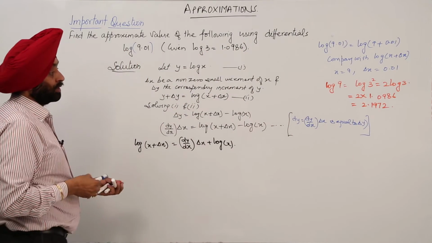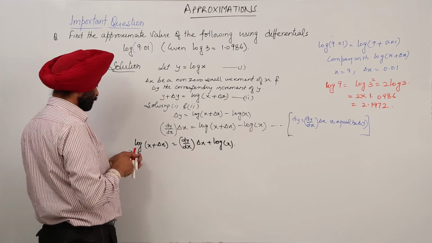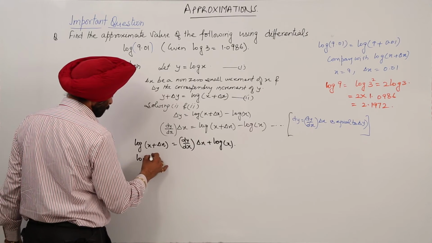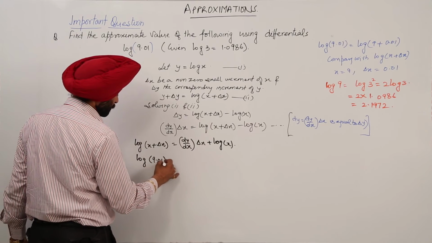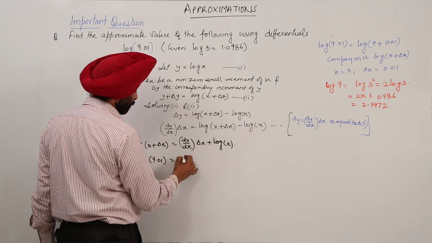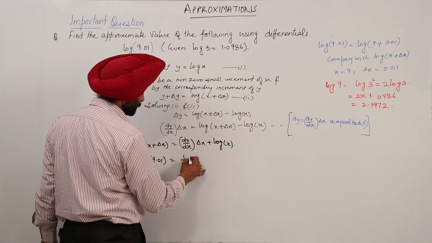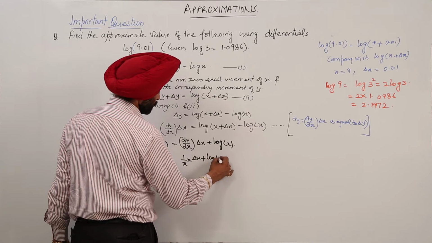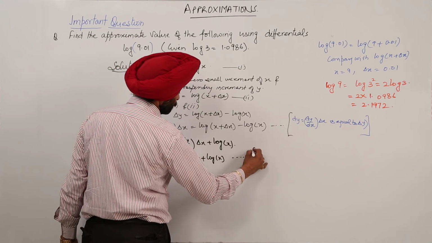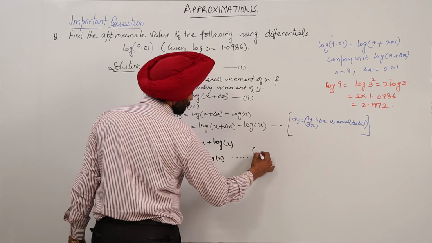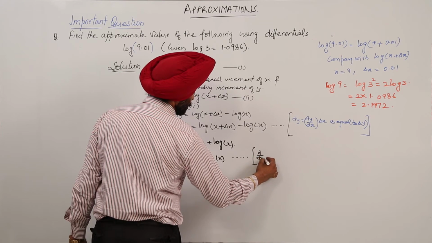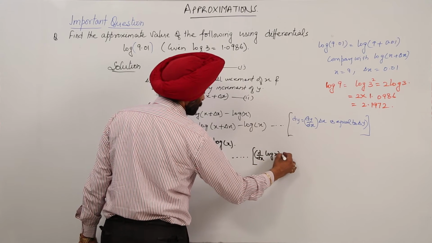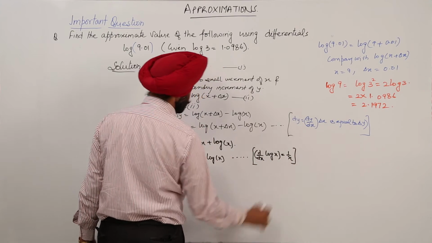Now let's put the values. Now we are having log 9.01 is equal to dy by dx of log x, times delta x, plus log x. d by dx of log x is equal to 1 by x.